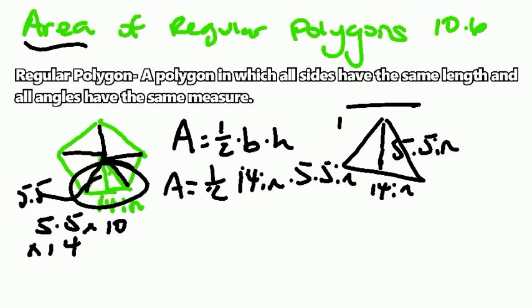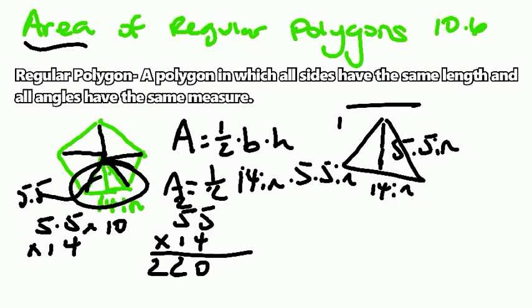Alright, so I have 5 and 5/10 times 14. I'm going to multiply 5 and 5/10 times 10 just to make it a whole number. So I have 5 times 4, or 4 times 5, which is 20. Then I have 4 times 5/10, which is 20 tens, plus 2 tens, which is 22 tens. Then I have 10 times 5, which is 50.